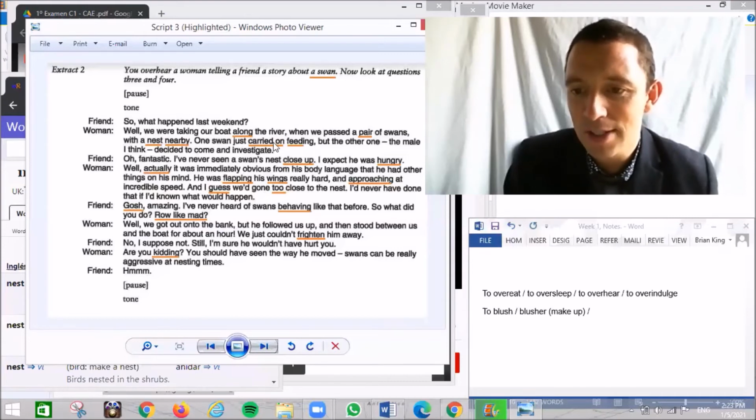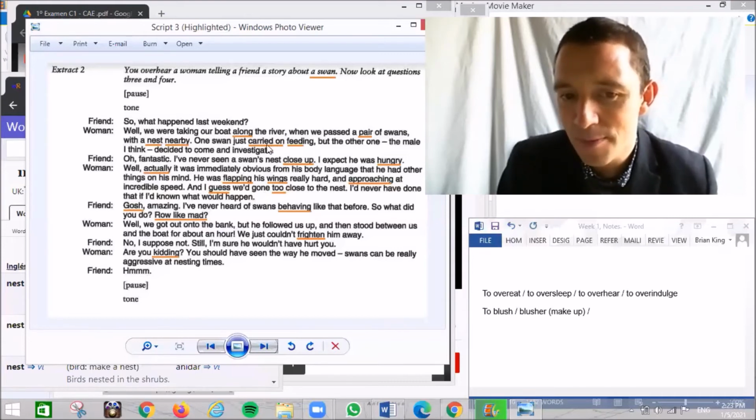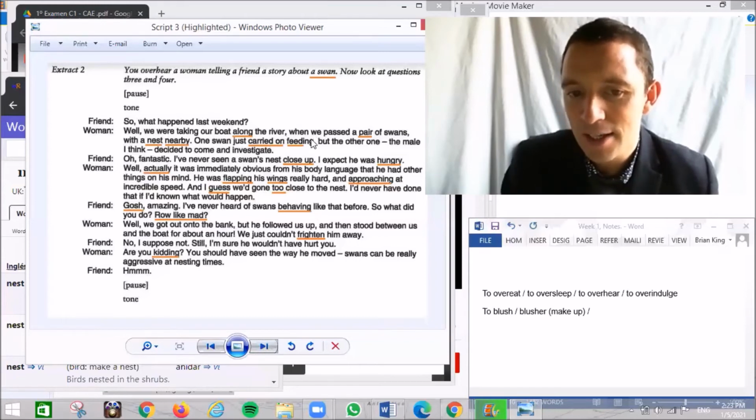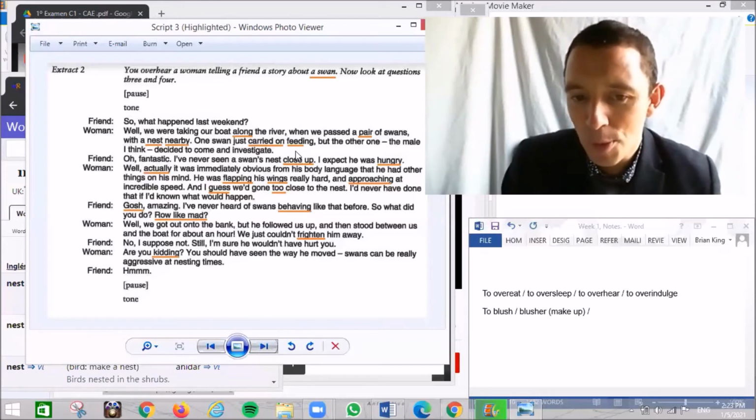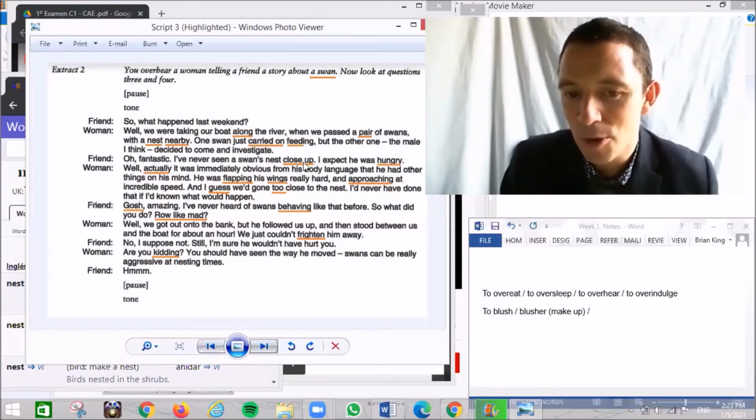Carry on is to continue, carry on. And after the phrasal verb carry on, we have the gerundio. Carry on eating, carry on going, carry on drinking. And feed is alimentar. So carry on feeding, okay? Close up is, again, very similar, just to circa, to ver, see, the nido, very, very close up, okay?